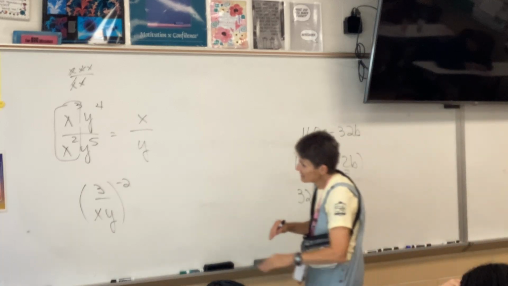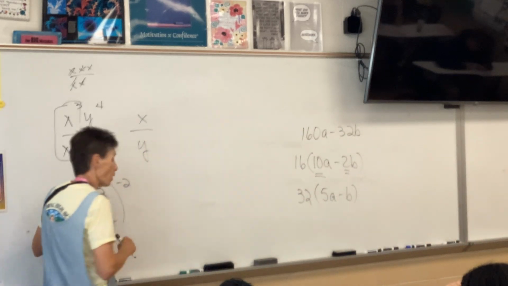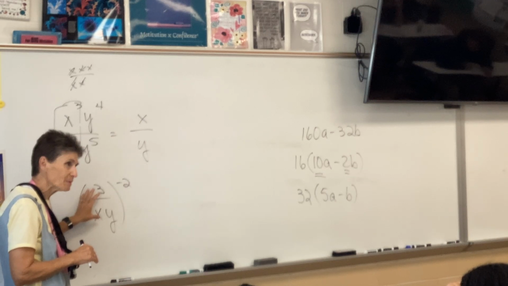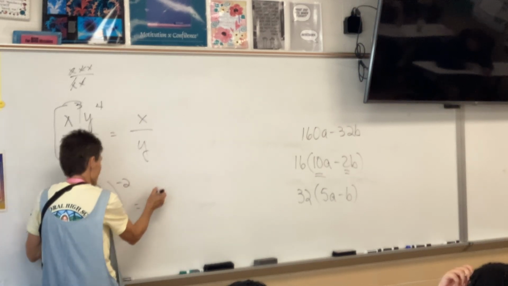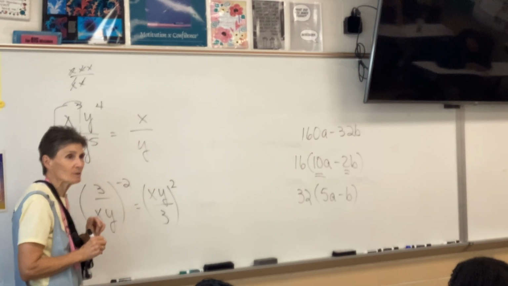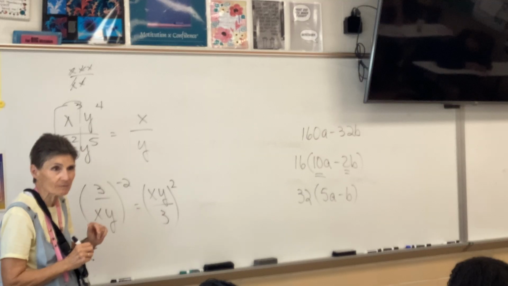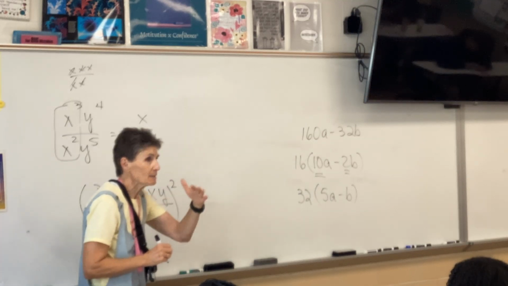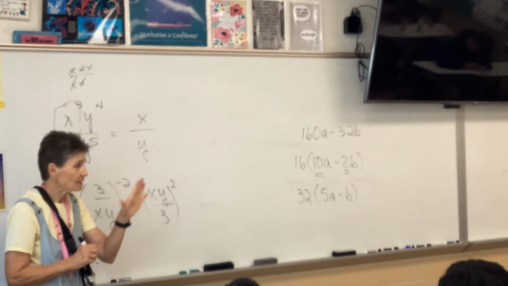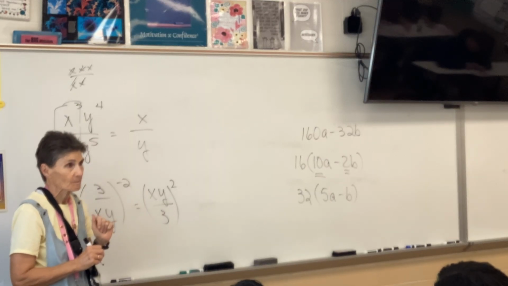Now, this negative exponent is on the whole fraction. So what's gonna happen to this fraction? It's gonna flip. And then the exponent is positive. And in your world and my world, positive exponents are best. Negative exponents are confusing.